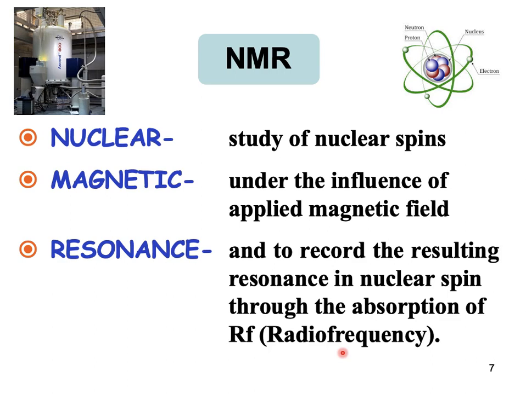A wide variety of nuclei can be detected using nuclear magnetic resonance spectroscopy, including H1, which is hydrogen, carbon 13, N15, which is a nitrogen isotope, fluorine F19, and P31, a phosphorus isotope.